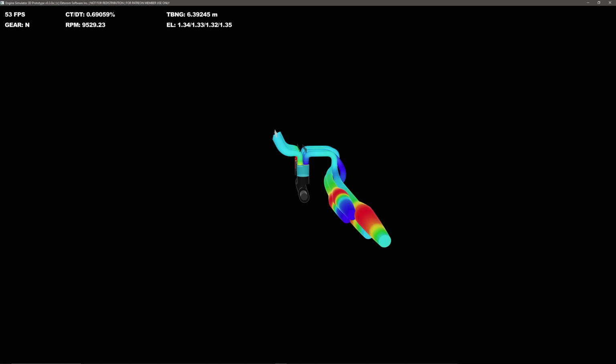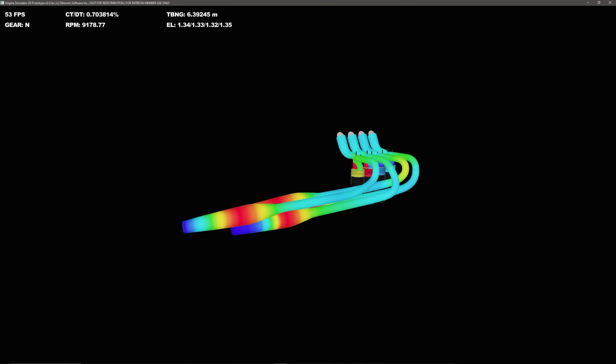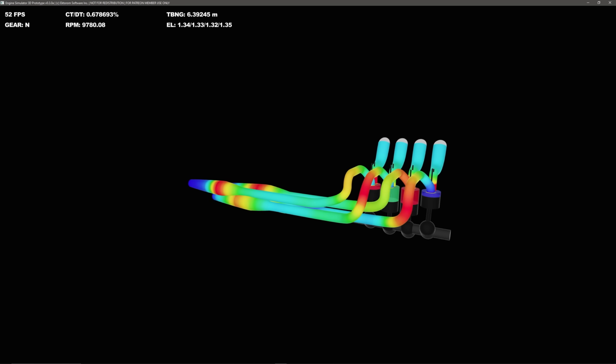You can also add simple muffler devices to further refine the sound and make it sound more similar to what you want.